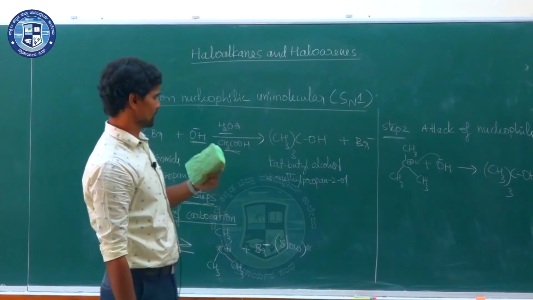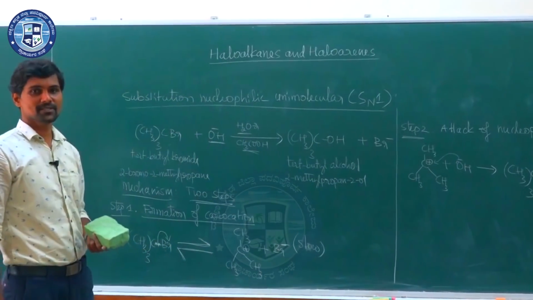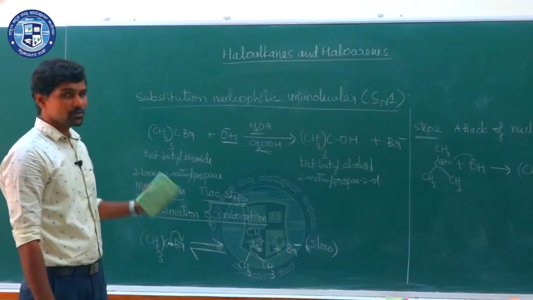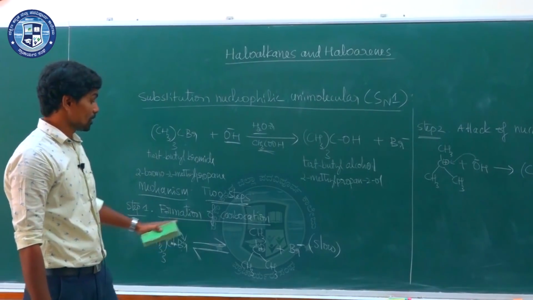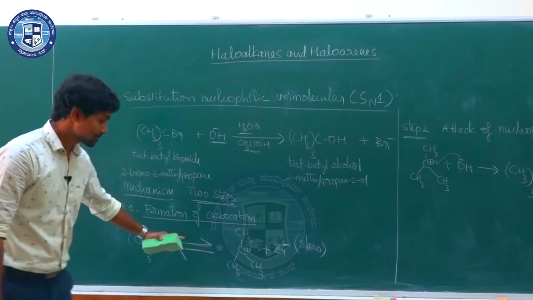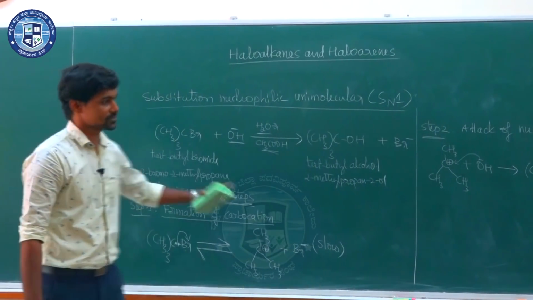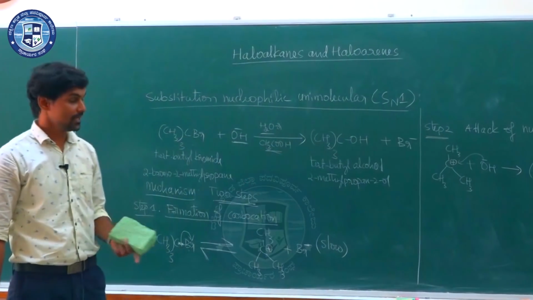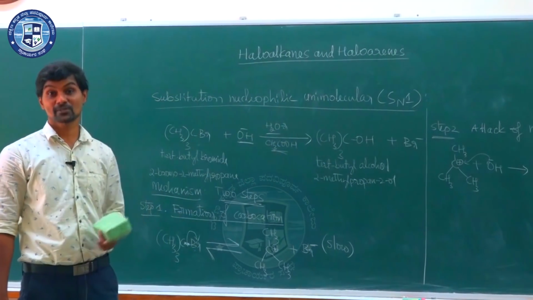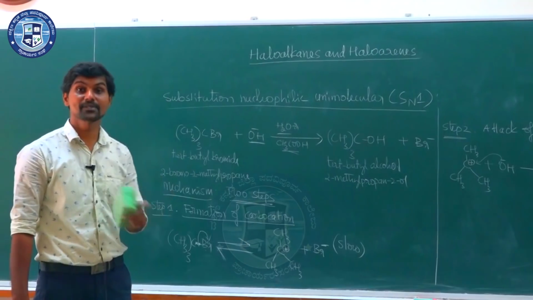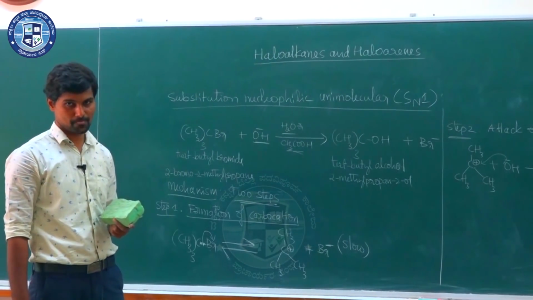Now we will go for the molecularity of this reaction. According to chemical kinetics, if the process takes place in multiple steps, like here in two steps, step 1 and step 2, the slowest step determines the rate of the reaction.